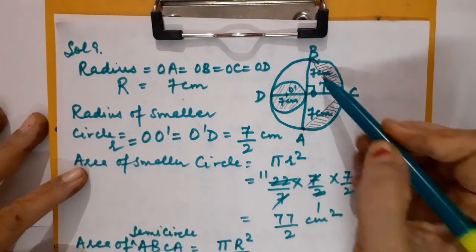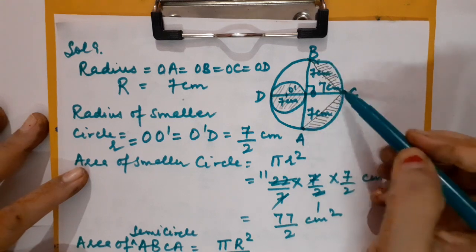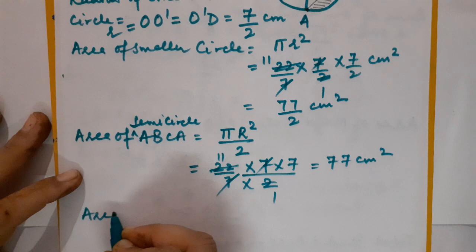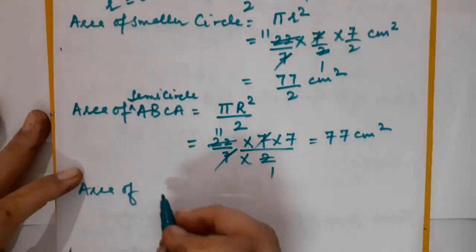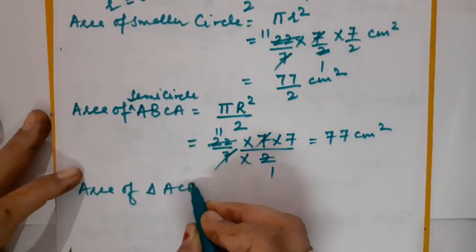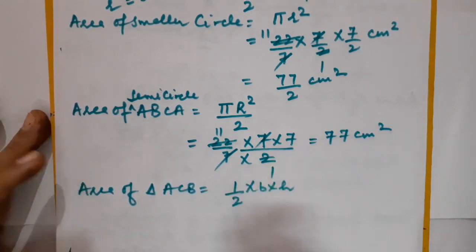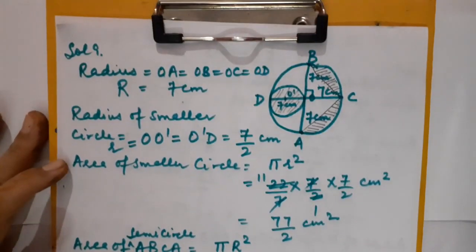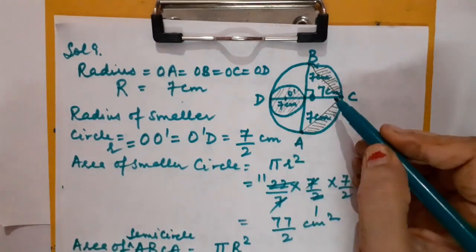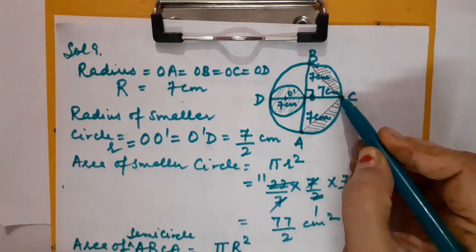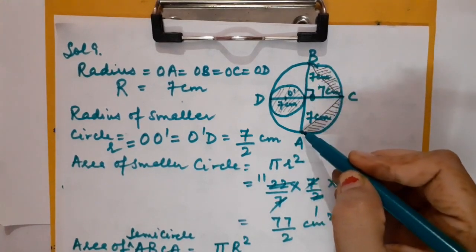Now I am going to subtract the area of this triangle, that is ACB. So let us calculate it. Area of triangle ACB. Children, I can easily apply half into base into height. How? Because both the diameters are perpendicular to each other, I can say that OC is the altitude and AB is the base.